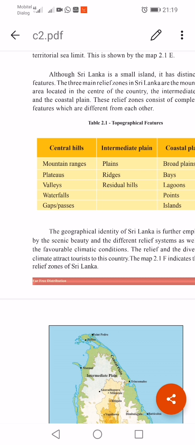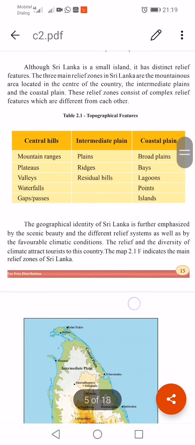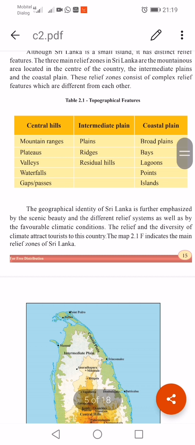A plateau is a special geographical feature seen in the land. In Sinhala it is called Sanuwa. As far as I can remember, a plateau is like if you take your basin from the kitchen and put it upside down: there is a slope, then a flat area, and again a slope.